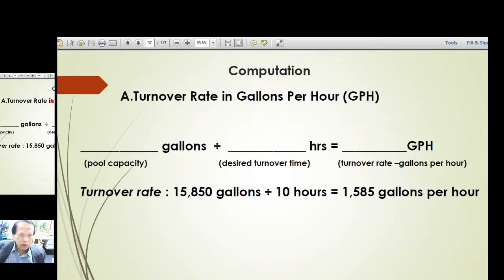Okay, so turnover rate in gallons per hour, GPH, is simply the pool capacity divided by the desired turnover hours. We were talking earlier of 12 or 8 or 10. So you will be able to get your gallons per hour. Therefore, turnover rate is equal to 15,850 gallons divided by 10 hours, so 10 hours is selected, which is equal to 1,585 gallons per hour.